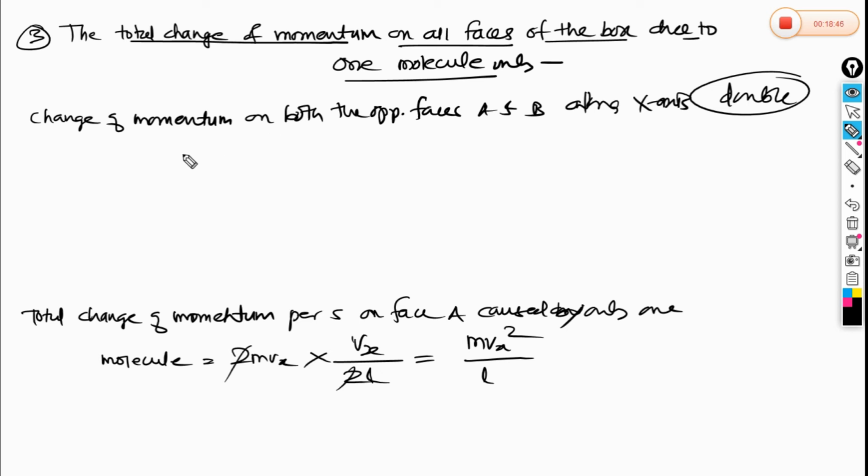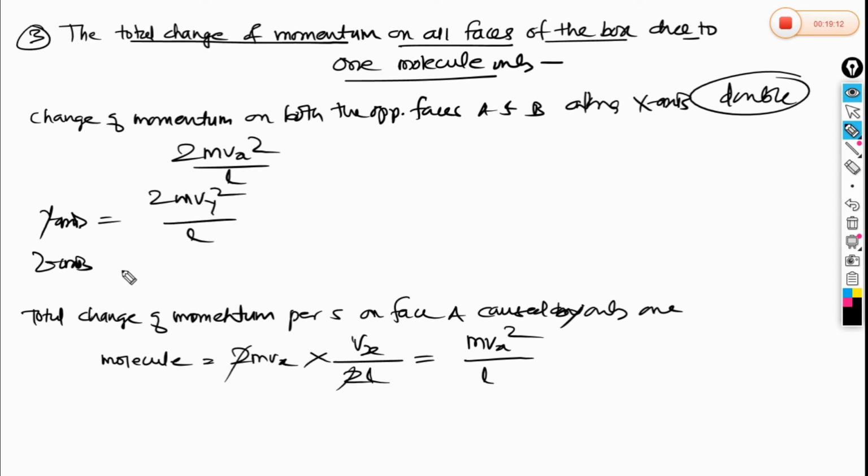That is 2mVx square divided by L on both the faces. Similarly, change of momentum along y-axis and z-axis will be, on y-axis 2mVy square upon L, and along the z-axis 2mVz square divided by L, respectively.